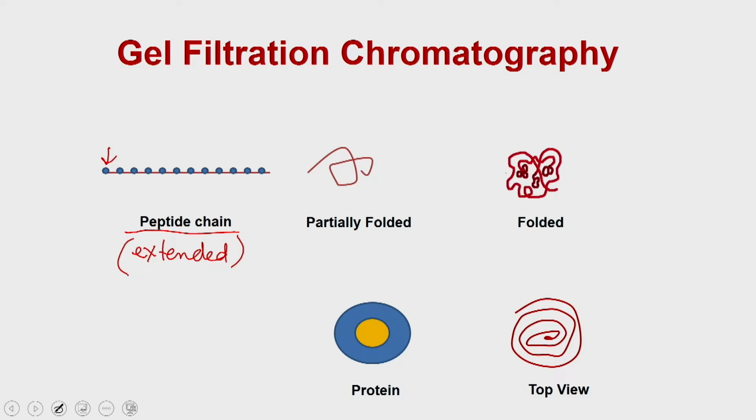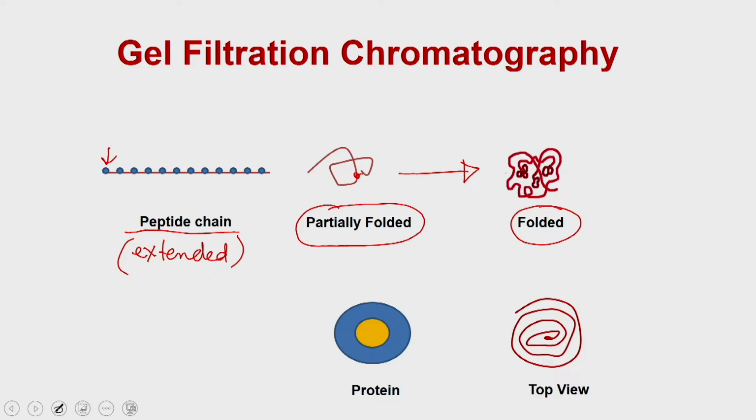As soon as the chain comes out from the ribosome, based on the microenvironment, it starts folding by interaction between the residues. A residue present here can make an interaction with the neighboring residue and so on, and ultimately you have a partially folded protein, which then gets converted into the fully folded protein.